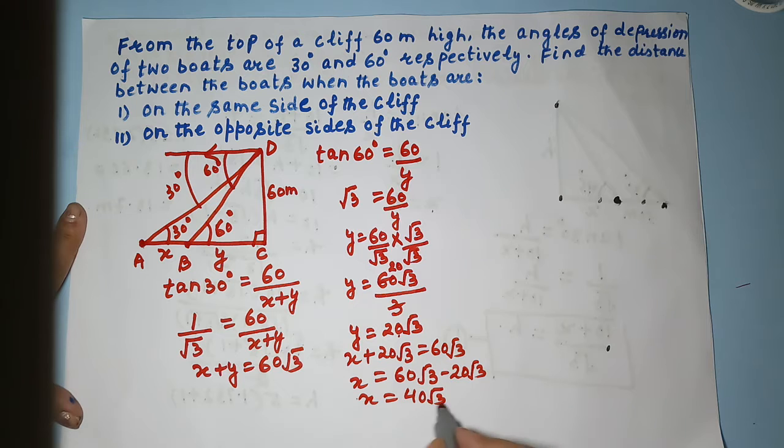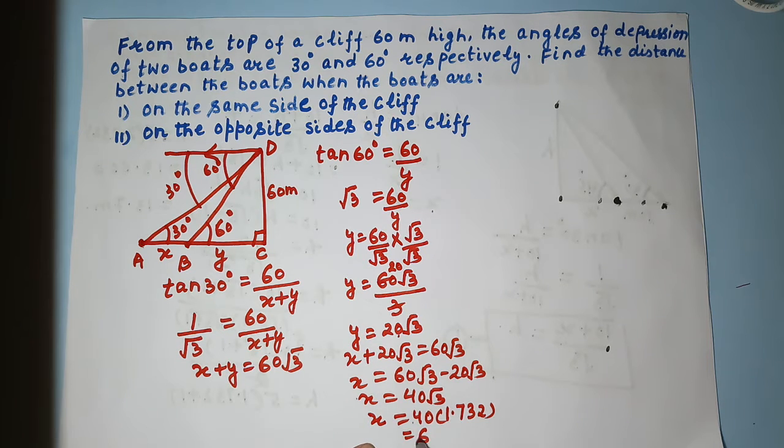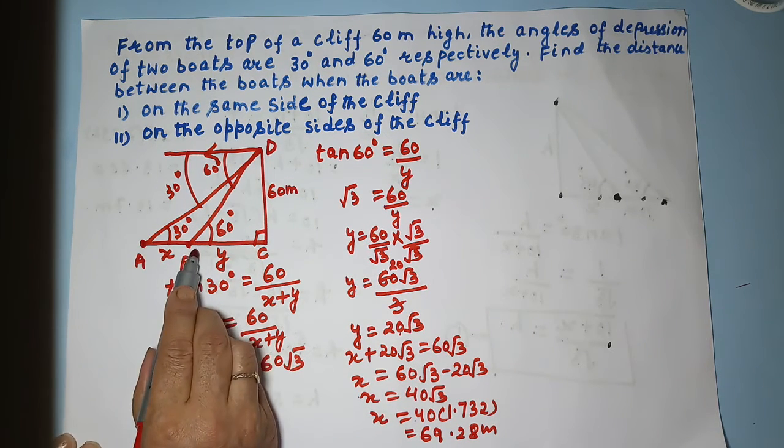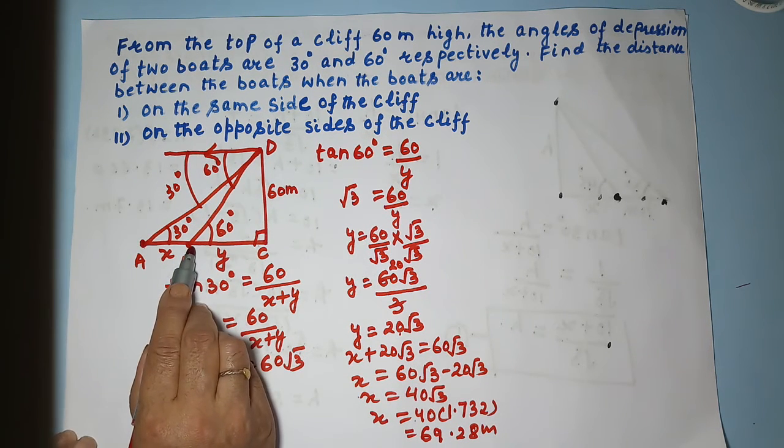So if I want to get the value of x, that is this distance, I will write x equal to 40 into 1.732. So that is 69.28 meters. So I have found this distance when the boats were on the same side of the cliff.